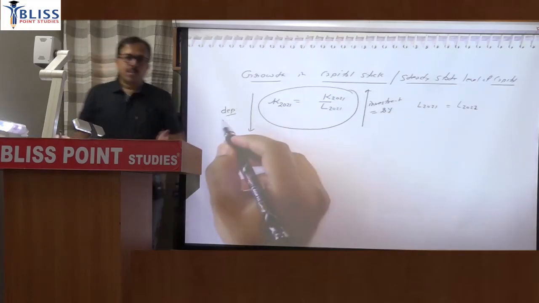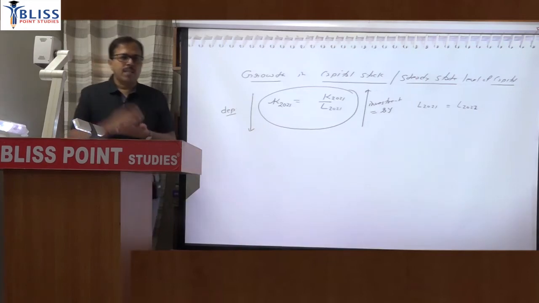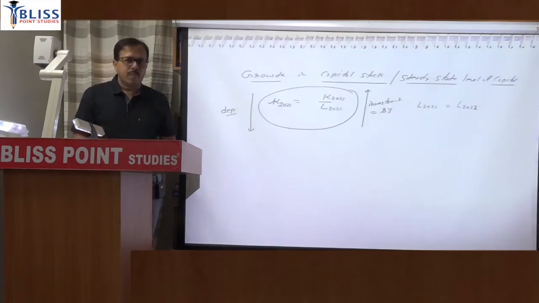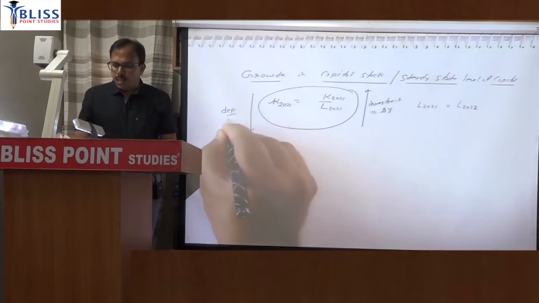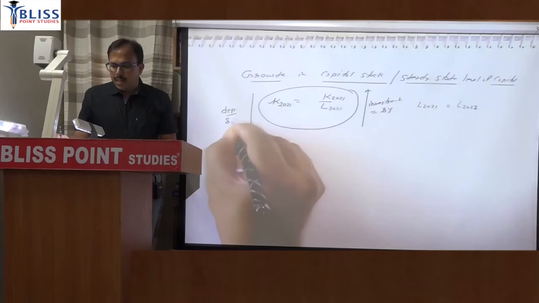And how much is depreciated? Certainly entire stock will not get depreciated in 1 year. Suppose I say depreciation rate is 20%. So whatever be the stock of capital, 20% of it will get depreciated. So the depreciation amount will be depreciation rate into stock of capital.